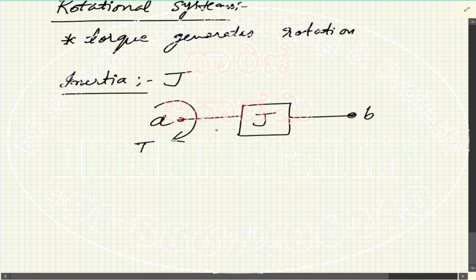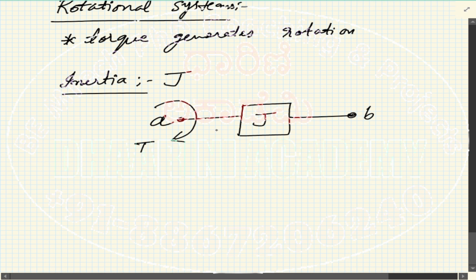There are no separate parts, you cannot bifurcate. So the whole object moves simultaneously as a single body. The beginning and the end of that element will rotate simultaneously. So because of that, now what's the equation that we are going to write here?